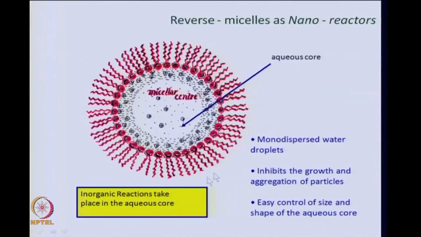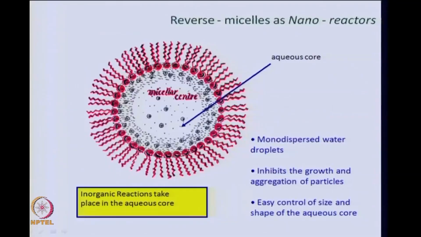Of course, if you want to use nanoreactors to synthesize organic particles, then you will have to use micelles and not reverse micelles. This is because in a reverse micelle you can only do synthesis with metal ions which get into the aqueous medium, and for organic systems this part has to be a non aqueous medium, and so you have to use a micelle where the hydrophobic tails should be pointing inwards.